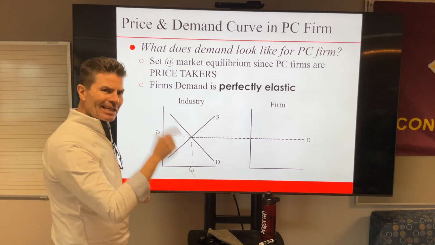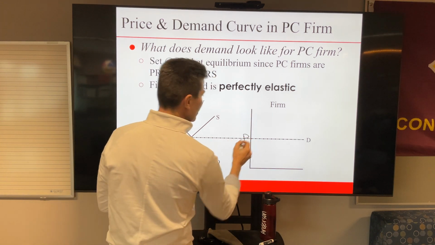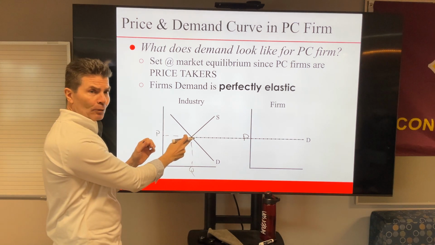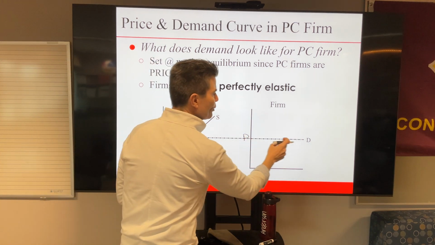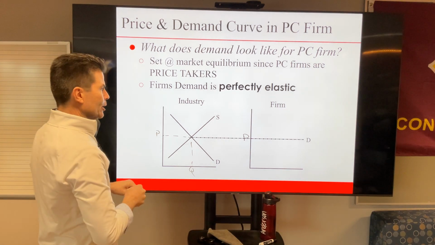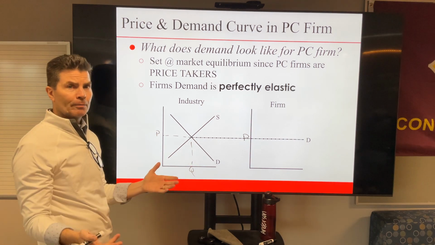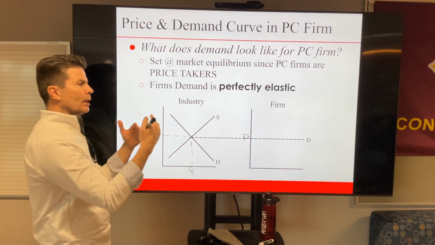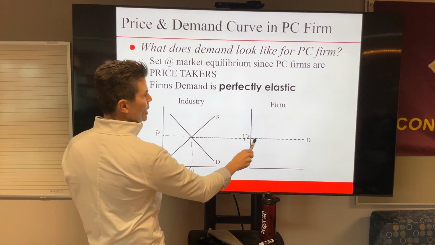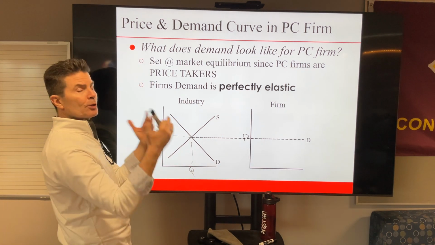If every single firm has to sell their goods at the same price that the market established, that creates a perfectly elastic demand curve. The demand curve for the industry is downward sloping because we have to abide by the law of demand. But once you see perfect competition as a price taker, well, they aren't establishing their own price anymore.